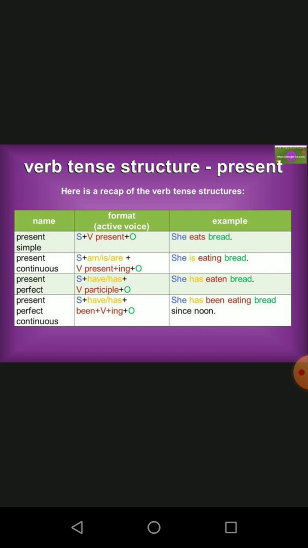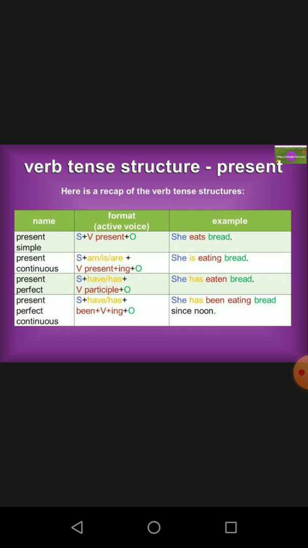Now another thing you should know is, when do we use simple present tense sentences? We use simple present when we are writing some kind of habitual action. Habitual action means it is a part of your habit, like I go to school every day, my father goes to office by bus.